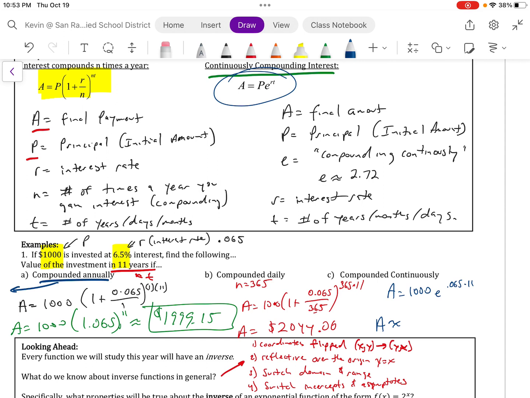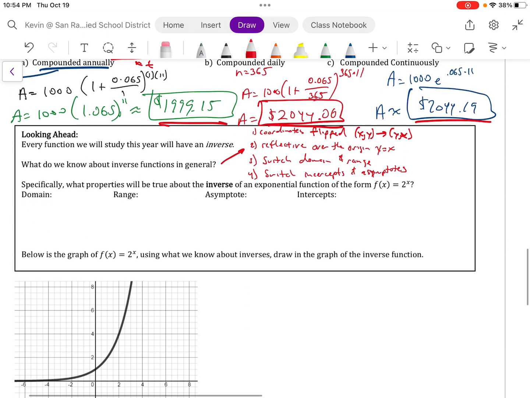And then we plug that into the calculator because we can't really do that in our head. It's going to be around 2,044.19. So not a huge difference, but you will notice that there's definitely a difference between compounded annually, so once a year, compounded daily, so every day, and then compounded continuously.